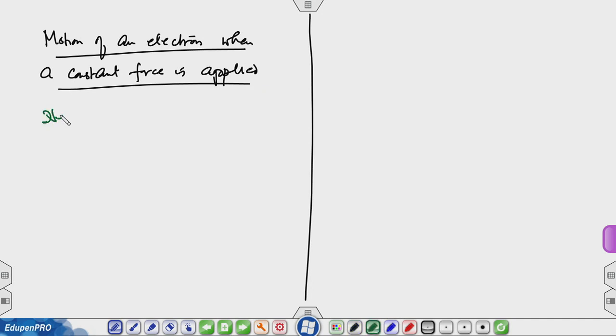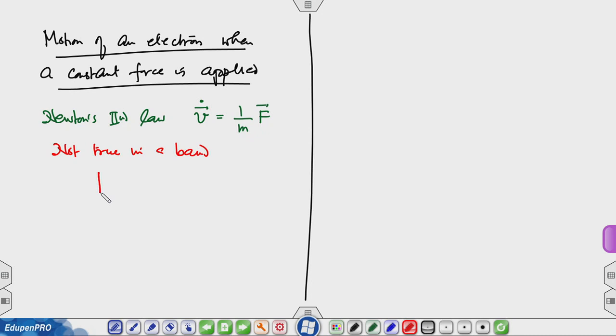Now, Newton's second law tells you that v dot equals 1 over m f, but this is not true in a band. In a band, what you have is h cross k dot equals f governs the dynamics. Of course, it goes over to v dot equals f over m in case of free electrons, but this is what is going to happen.